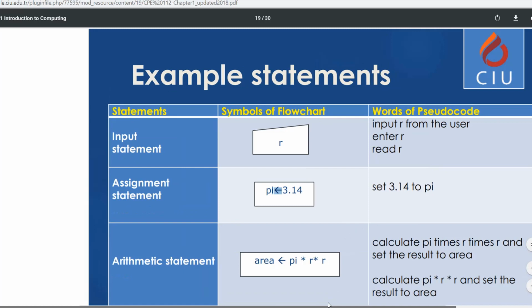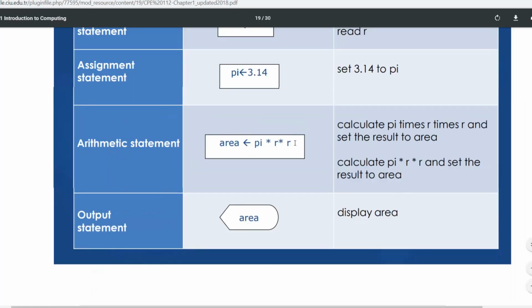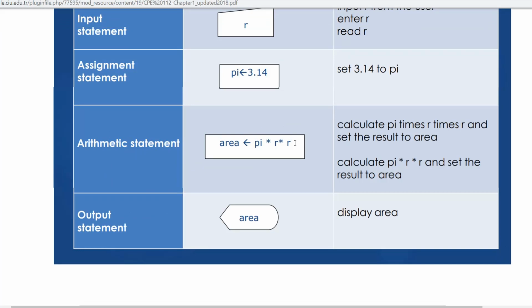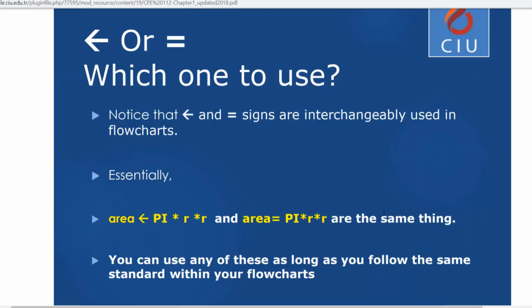All arithmetic and logical operations should be done inside a process box. Now, logical operations can also be done in the control or the loop boxes, iteration boxes, but we're going to touch on that topic a little bit later on, probably in the next video. Finally, we have the output box, which we're going to use to display data.